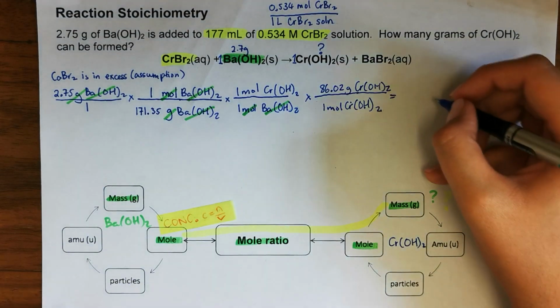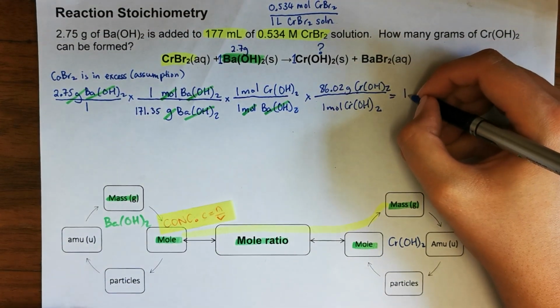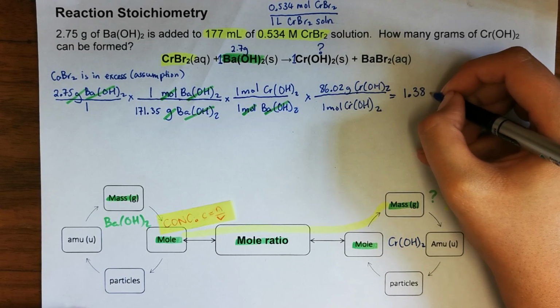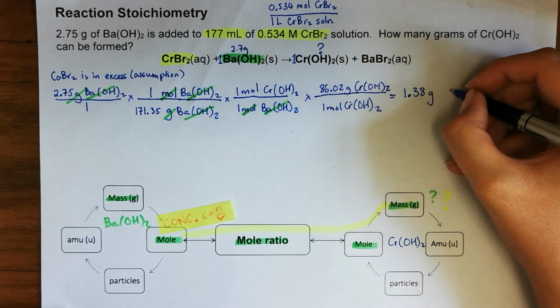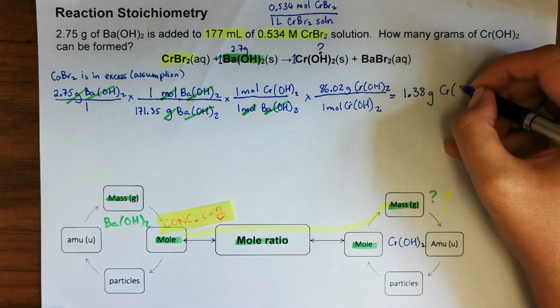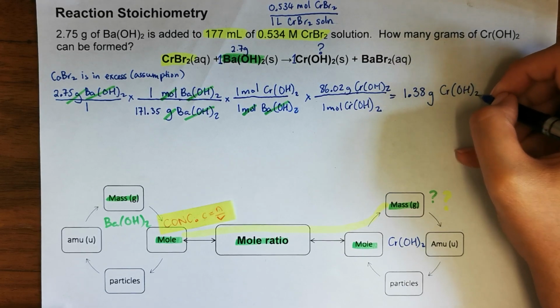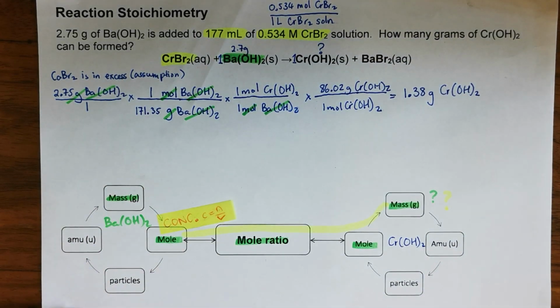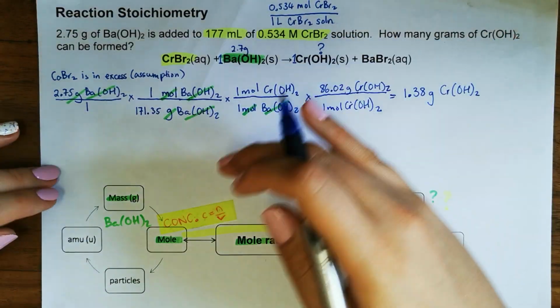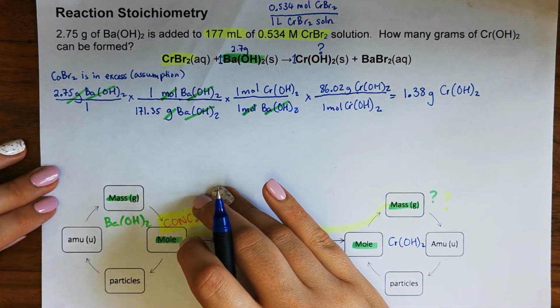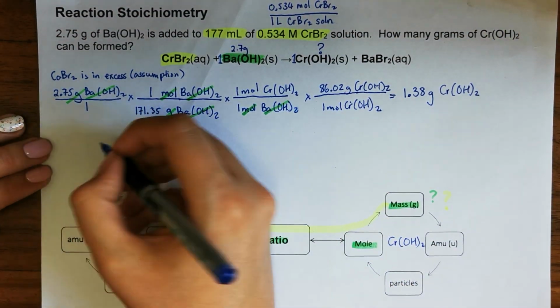Finally, on the calculator, to 3 significant figures, we get an answer of 1.38 grams of chromium hydroxide might be our theoretical yield.